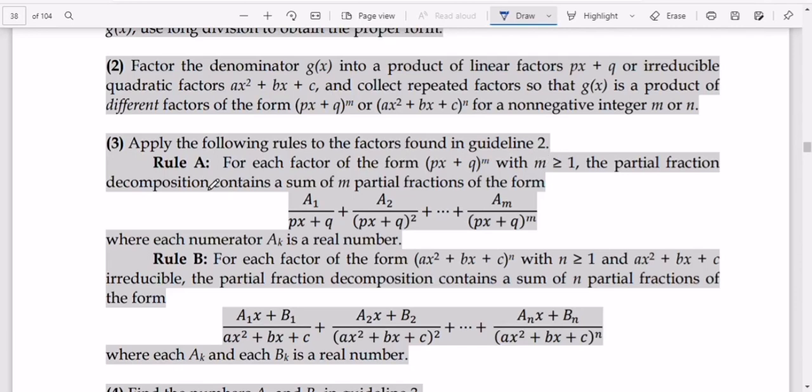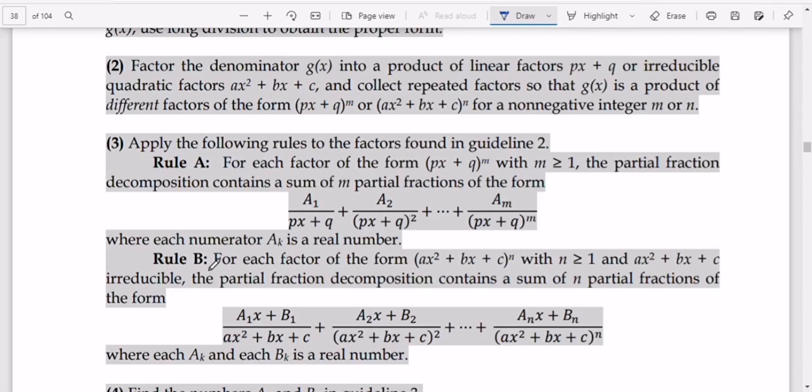The first rule: for each factor of the form (px plus q) raised to m, where m is greater than or equal to 1, the partial fraction decomposition contains a sum of m partial fractions of the form a sub 1 over (px plus q) plus a sub 2 over (px plus q) squared, and so on, plus a sub m over (px plus q) raised to m, where each numerator a sub k is a real number, a constant.